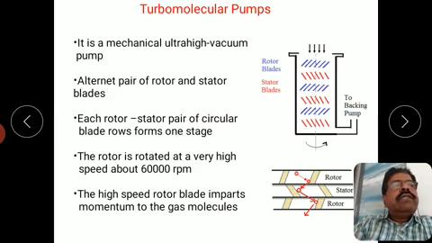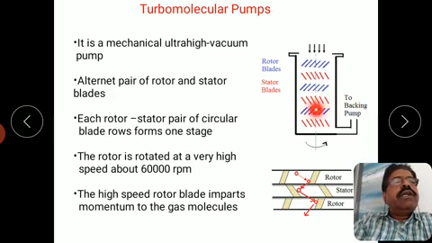So you can see the actual mechanism of this turbomolecular pump, shown in this particular diagram. There are alternate pairs of rotor and stator blades. This blue one is the rotor blade, and this red one is the stator blade.